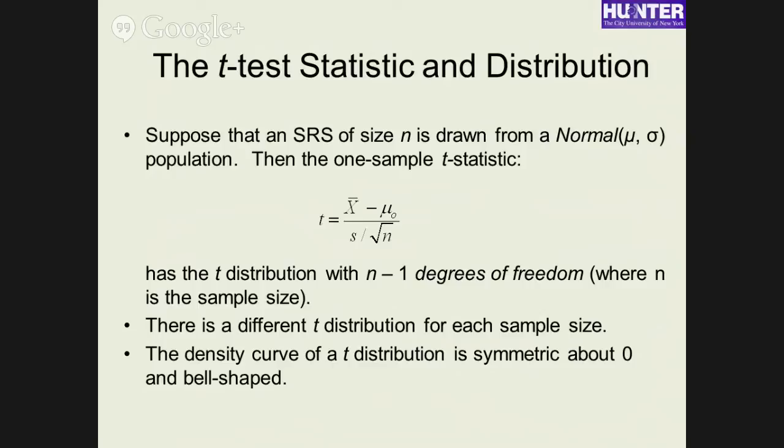I should say for our purposes, the z distribution has mean 0 and standard deviation 1, so those are fixed. The t distribution, however, has this extra thing, the degrees of freedom, that will change the shape of it.